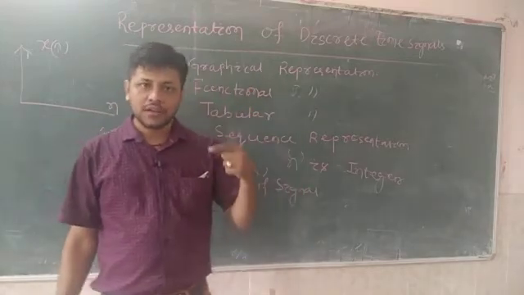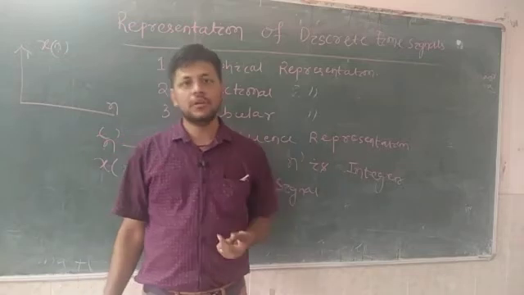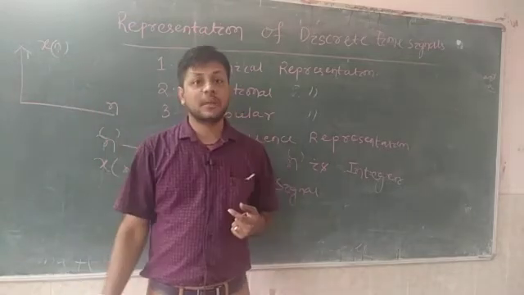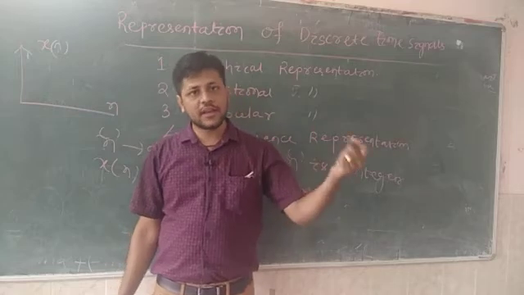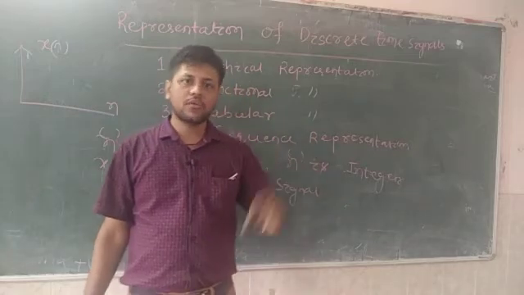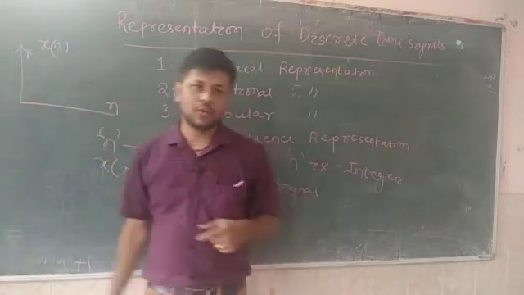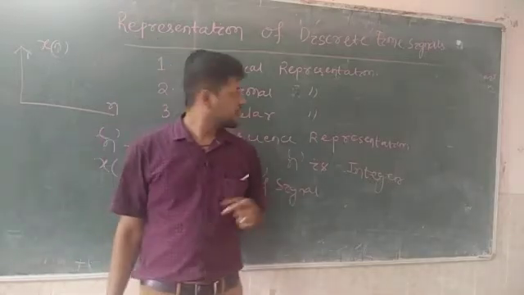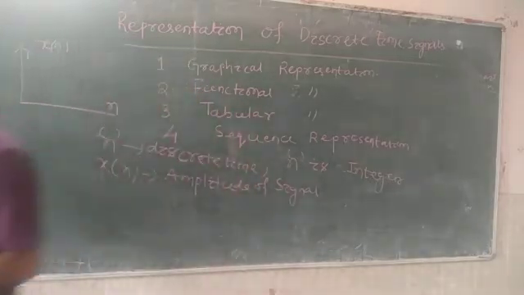What is the sample amplitude, what is the height of the sample, what is the value of the sample at that particular sampling instant? For example, for n equal to 0, what is the value of x[0]? For n equal to 1, what is the value of x[1]? That represents the height or amplitude of the discrete time signal. So let us see one by one. First one is the graphical representation.